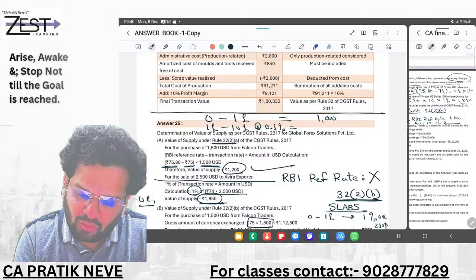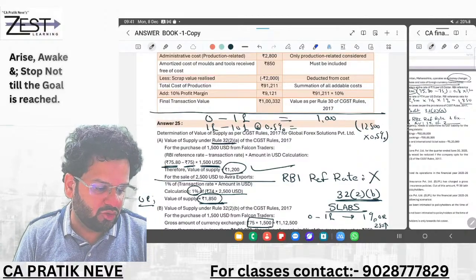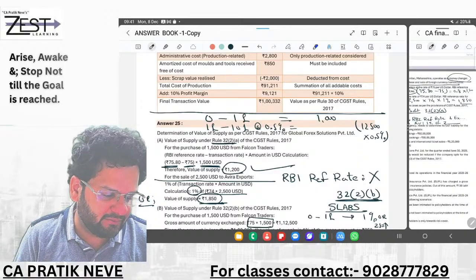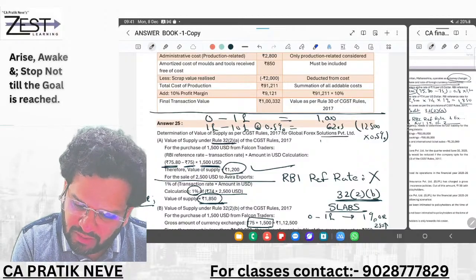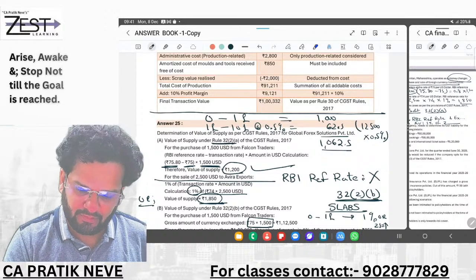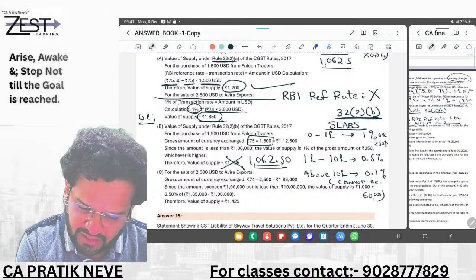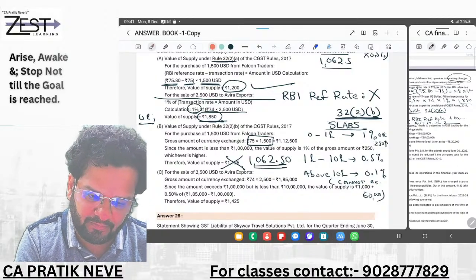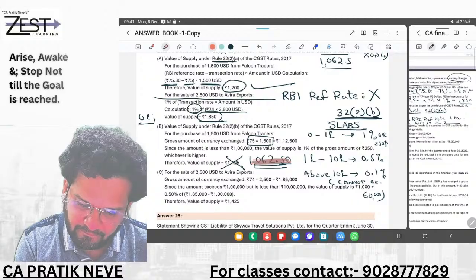So between 1 lakh to 10 lakhs, you have 12,500 into 0.5%, which is 62.5. So your answer is going to be 1062.5. Getting it? So 1062.5, friends, that should be the answer. Please keep it in mind. Make sense?